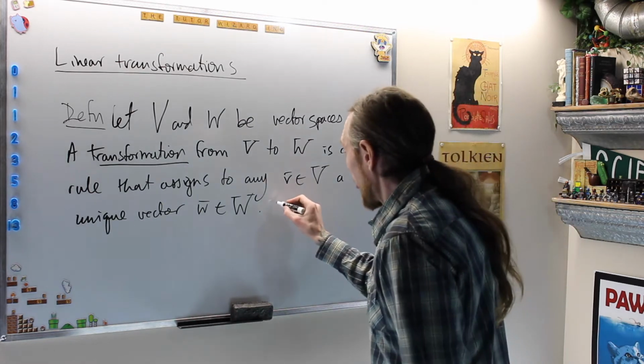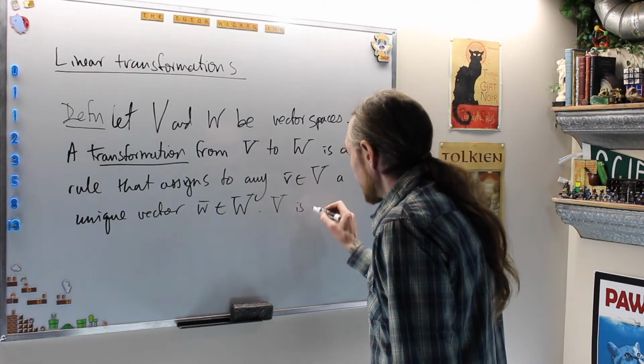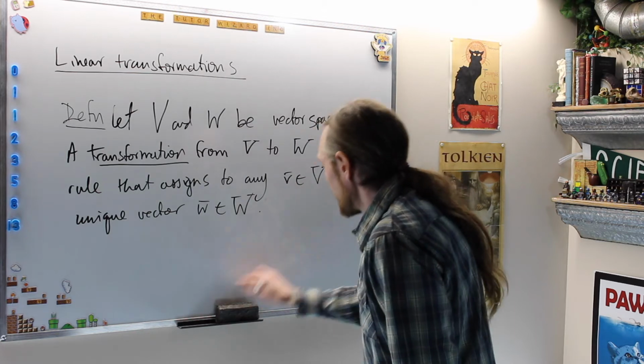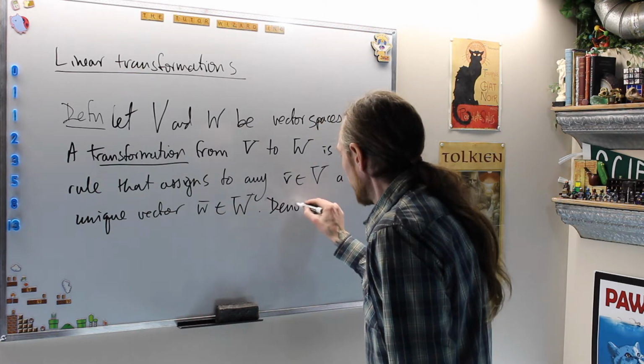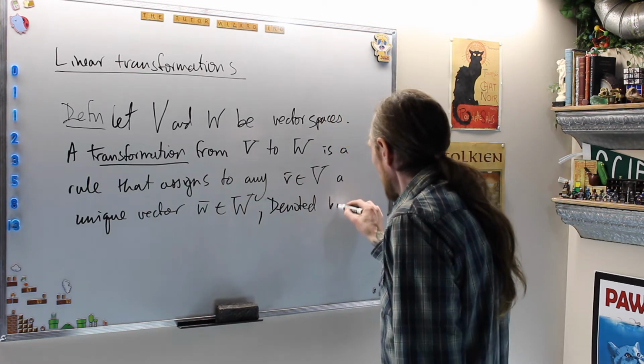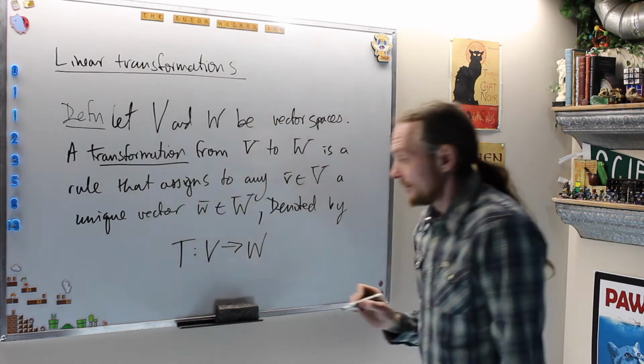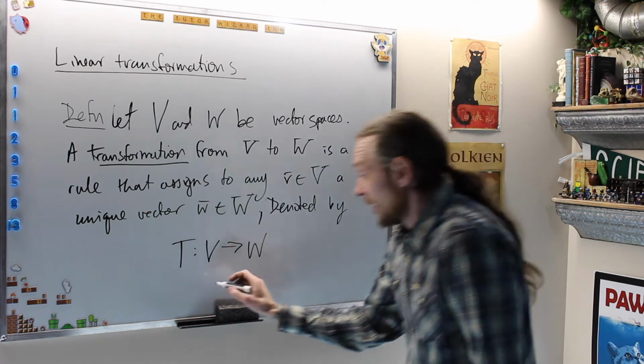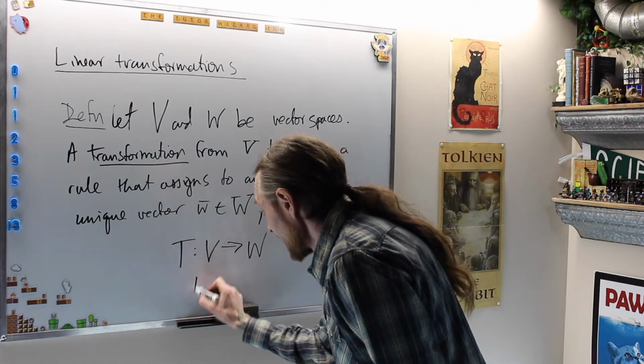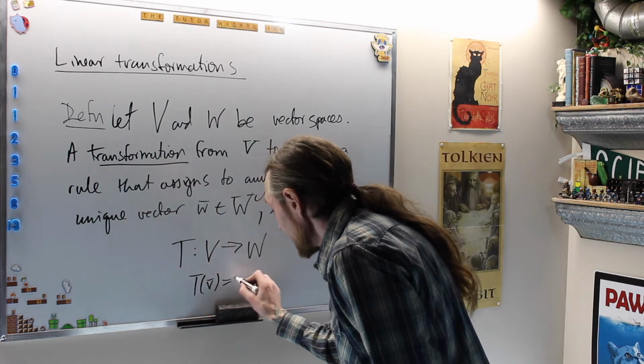This is usually denoted T from V to W. And then when we have these, we say T of v is equal to w.